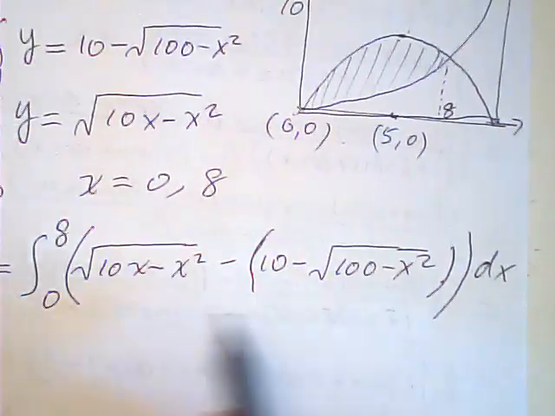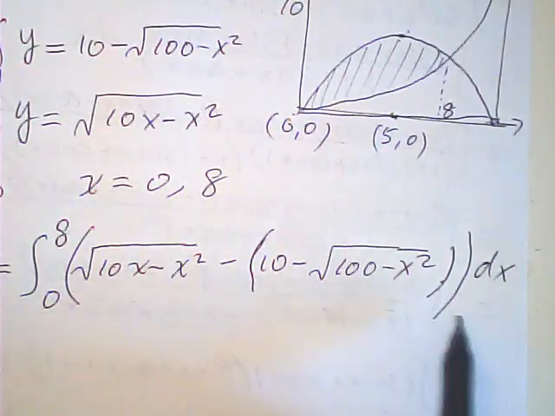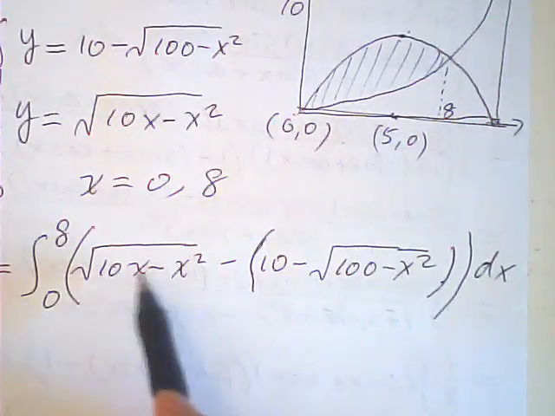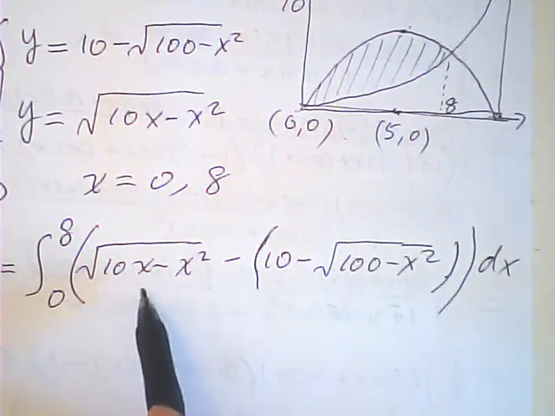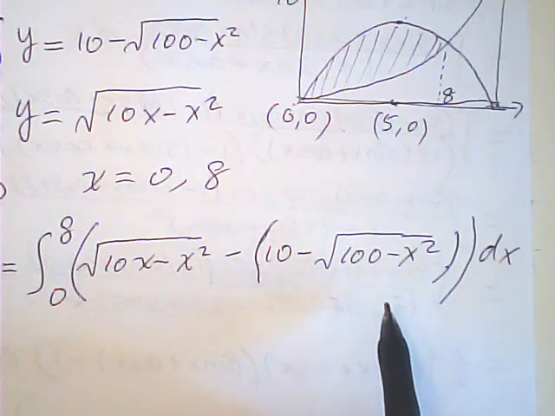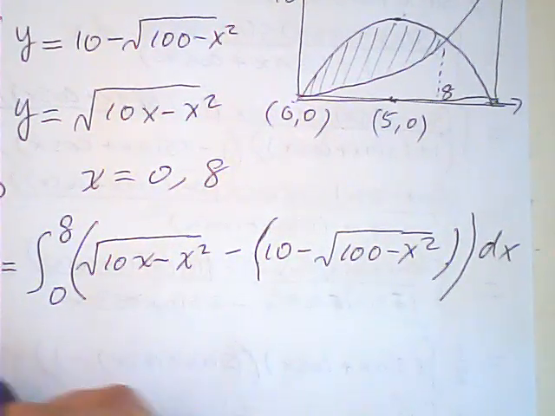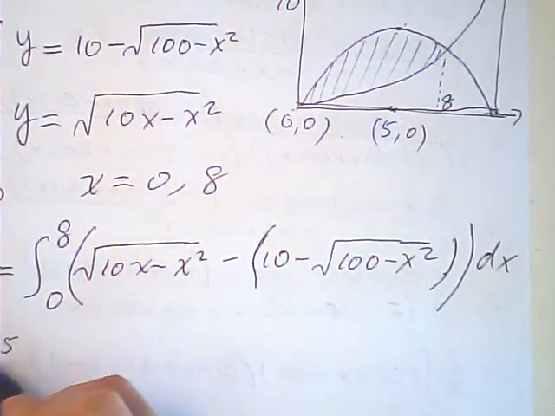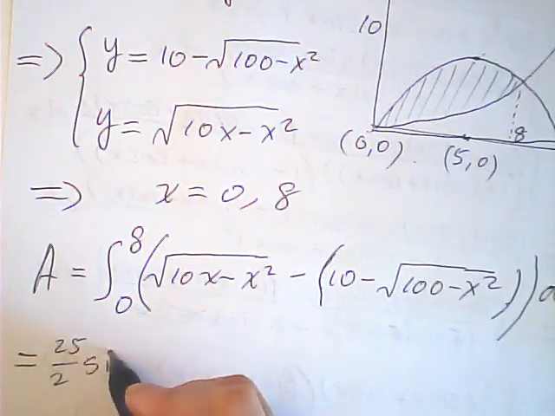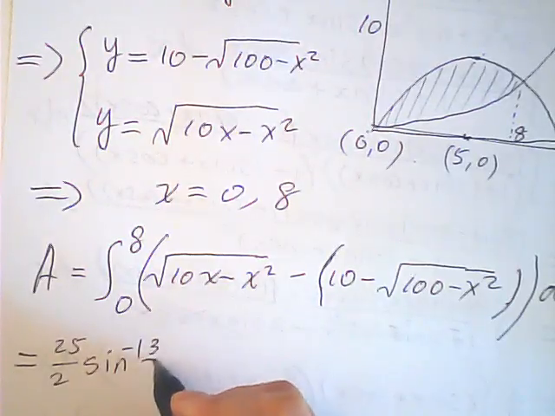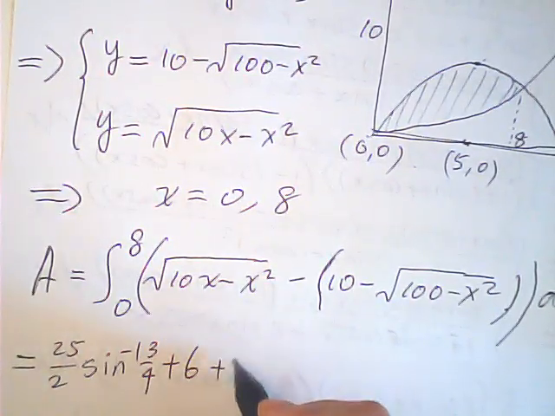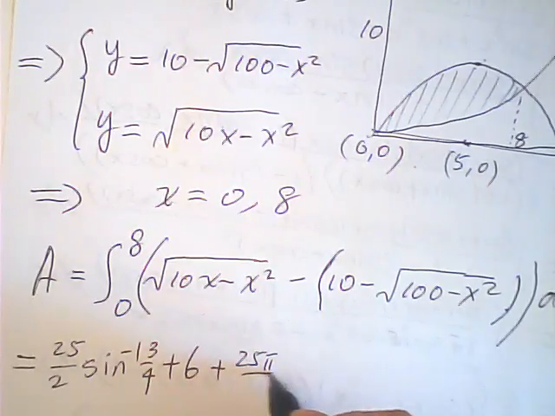Okay, now, well, I don't want to discuss this integration because they are rather easy. This is using complete square first, then trigonometric substitution. This one uses trigonometric substitution, and we get this result, 25 over 2 plus 6 plus 25 pi over 4.